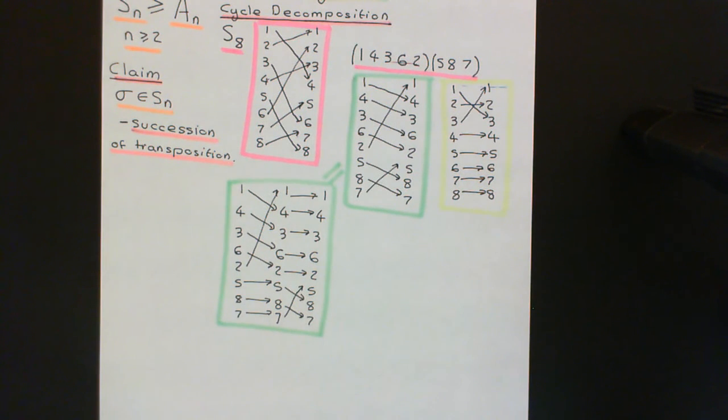More generally, if I've got an element, sigma here, which is in the symmetric group on the set of n elements, I can decompose it into its cycle decomposition, and I can view it as being built by doing 1 cycle, followed by another cycle, followed by another cycle, compose them all together, and the overall net result is the set permutation that I'm interested in.